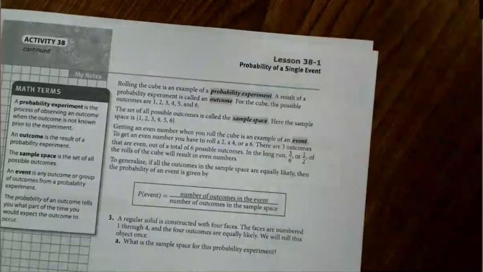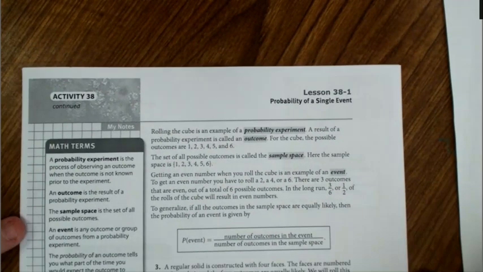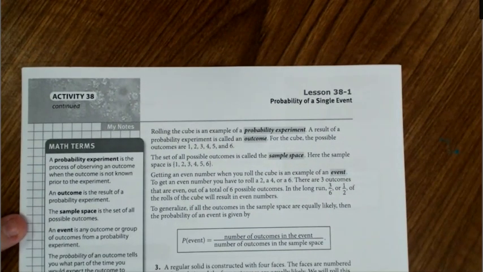All right, I'm going to move to question 3. Here's where it gets kind of lengthy. It says, rolling the cube is an example of a probability experiment. A result of a probability experiment is called an outcome. For the cube, the possible outcomes are 1, 2, 3, 4, 5, and 6.